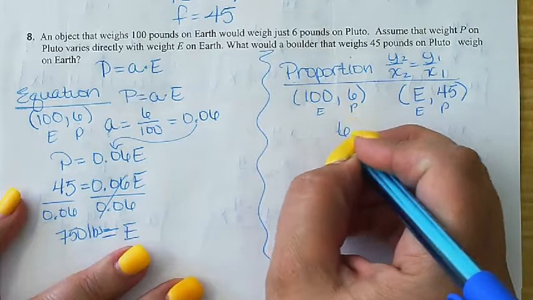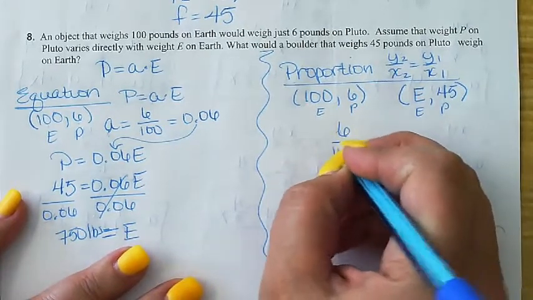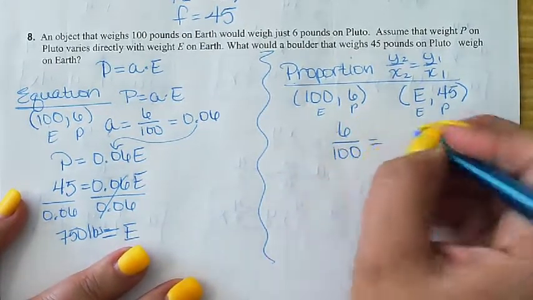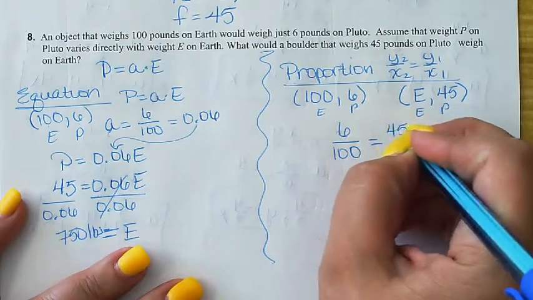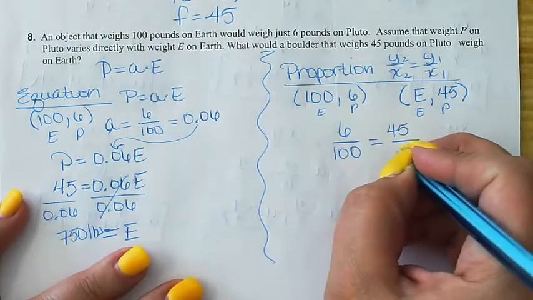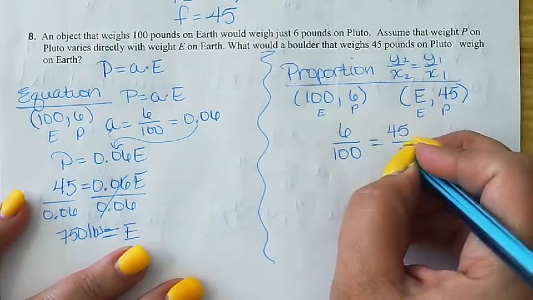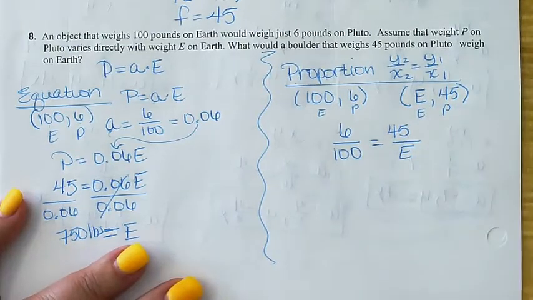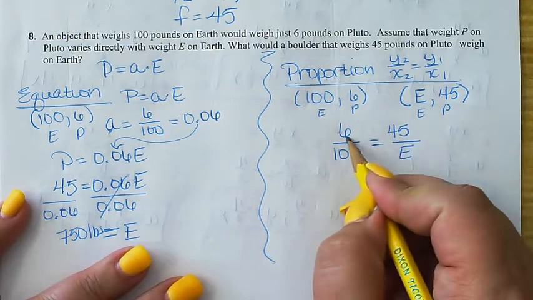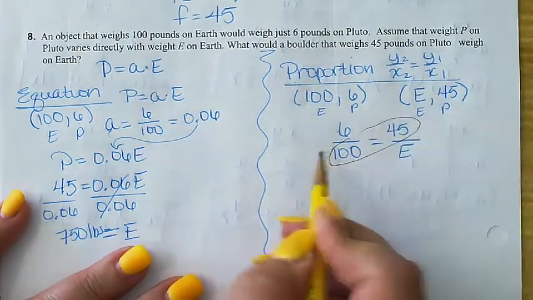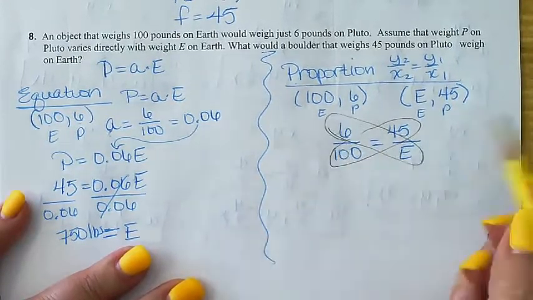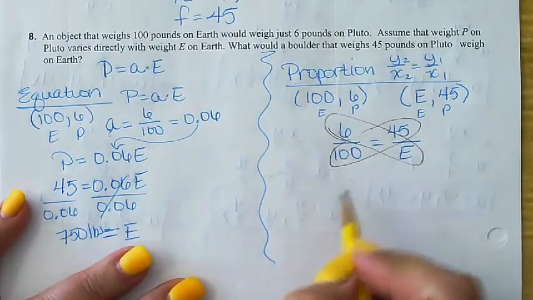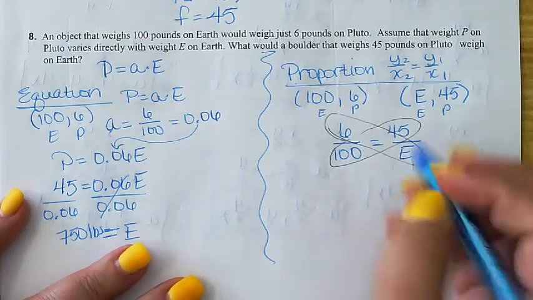What we know about direct variation is that the ratio of y to x is always the same. So this 6 over 100 ratio has to be the same as this 45 over e, or whatever variable you picked. And just as a reminder, when you set up a proportion, you can always solve these by cross multiplying, right? So we can do cross products here and solve it that way.